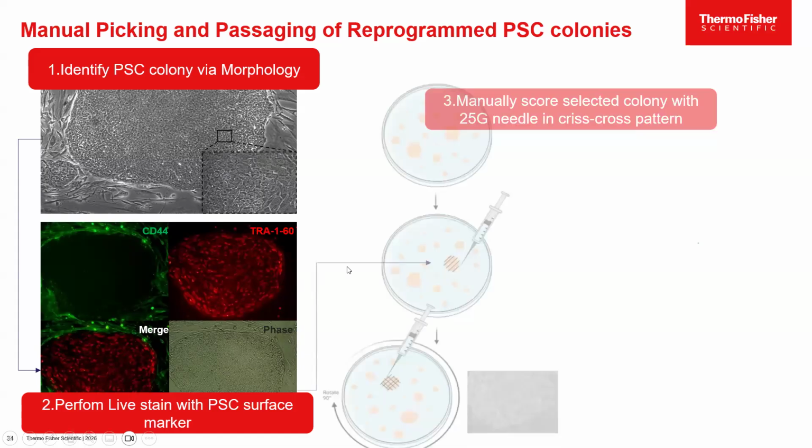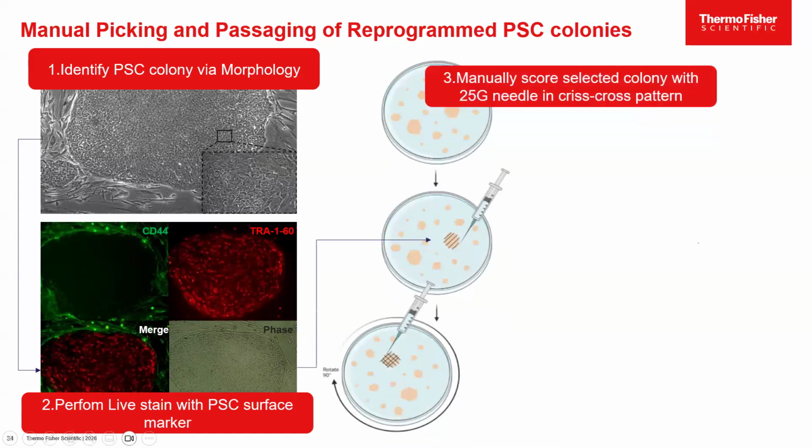Now, before I get into the next step, I will mention that, as I did allude to briefly, not all colonies are going to look this beautiful, right? Some colonies might have one side looking great while another side is looking slightly more differentiated, right? Some colonies, if two cells that have both reprogrammed right next to each other and are starting to develop, might start to emerge next to each other and eventually merge, right?